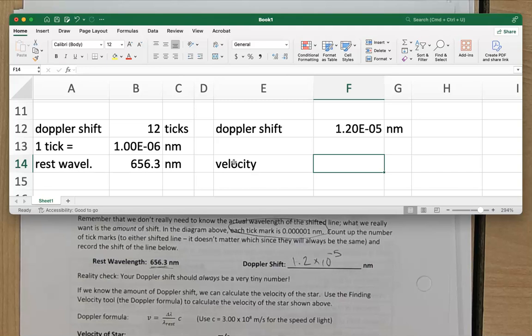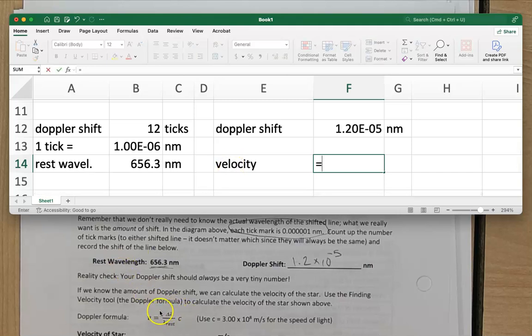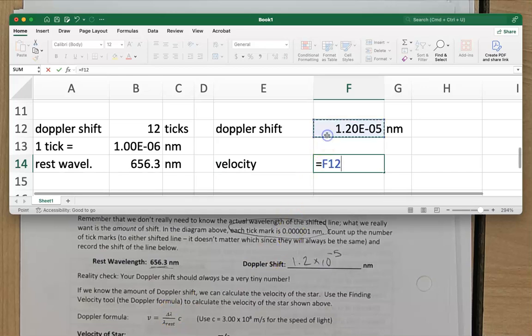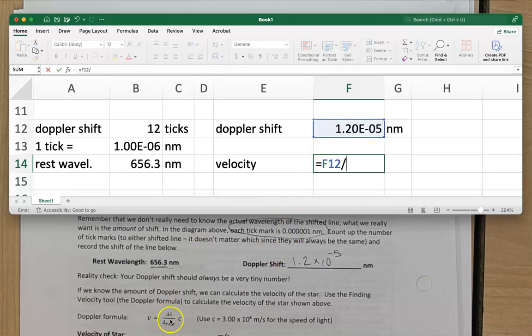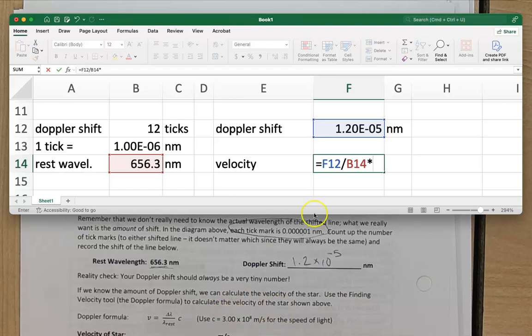The velocity equals the Doppler shift in nanometers divided by the rest wavelength in nanometers, times the speed of light, and the speed of light is 3 times 10 to the 8 meters per second, so 3e8.